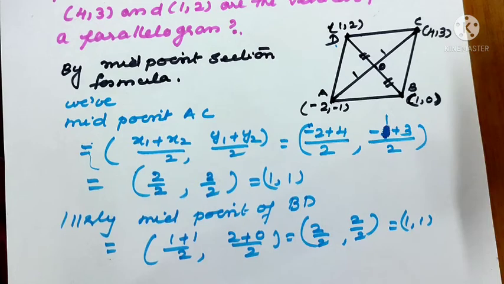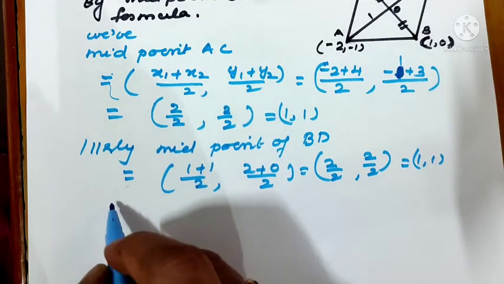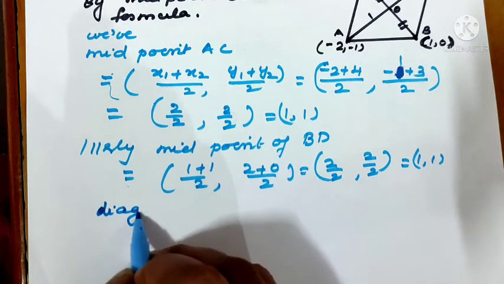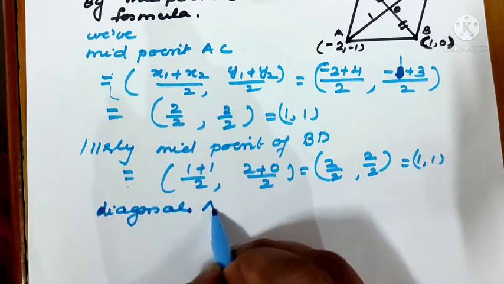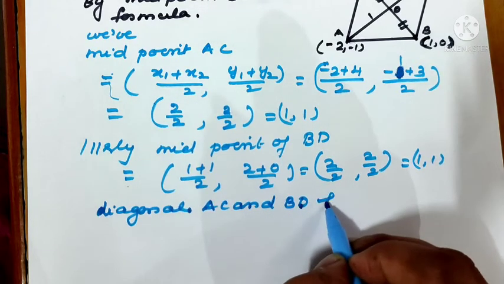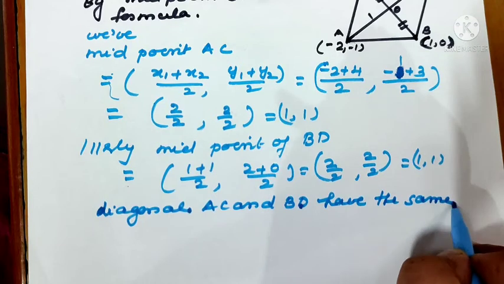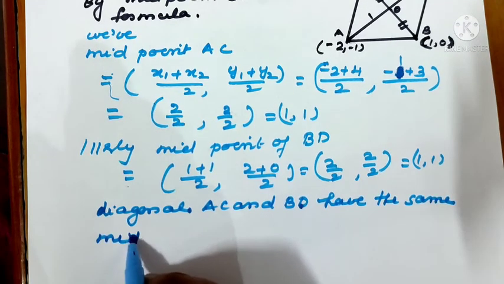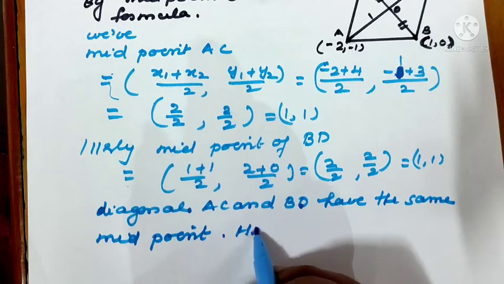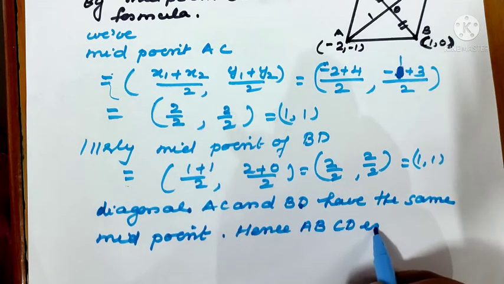So ABCD is a parallelogram. Diagonals AC and BD have the same midpoint. Hence ABCD is a parallelogram.